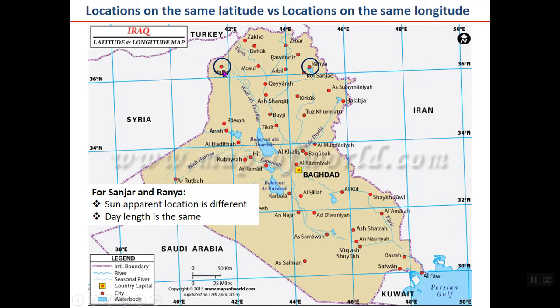So people here see the sun in the sky at a different position than the people who are here. So the times of sunrise, sunset, and solar noon are also different for these people. But the day length is the same for locations situated on the same latitude.